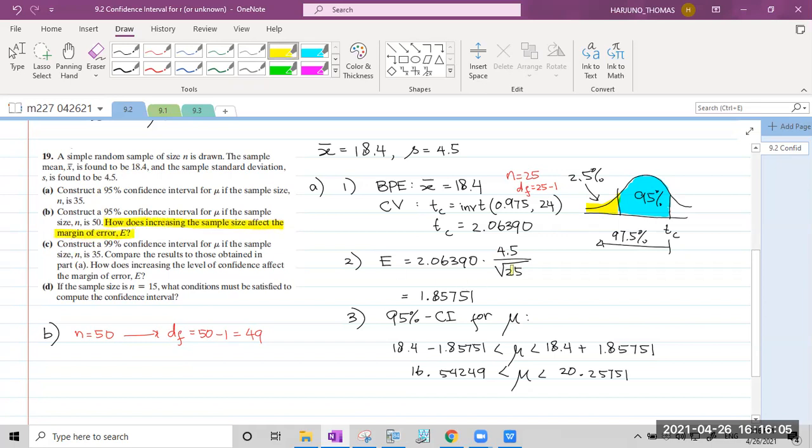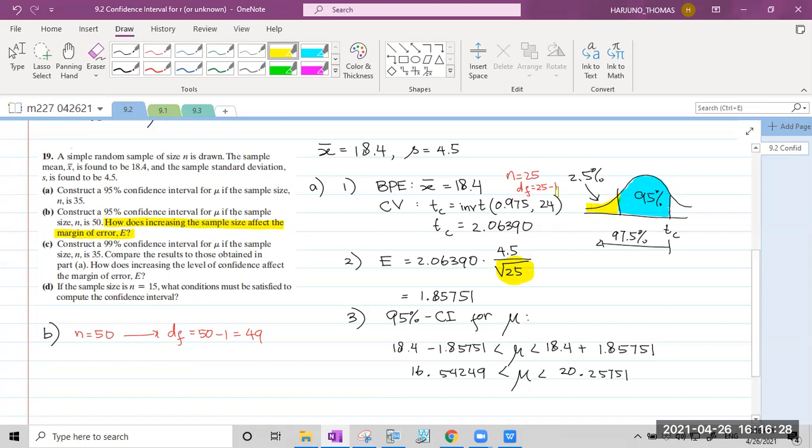You see that if you increase the sample size, then the formula in the margin of error will be, instead of divided by square root of 25, you will divide by a larger sample size, right? Divided by square root of 50 instead.